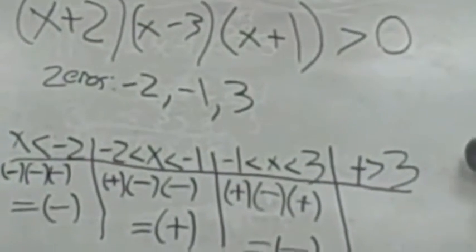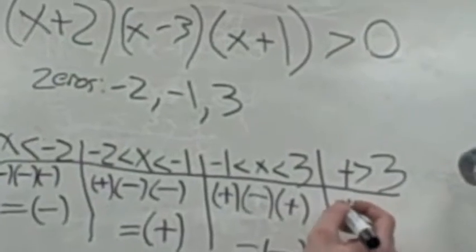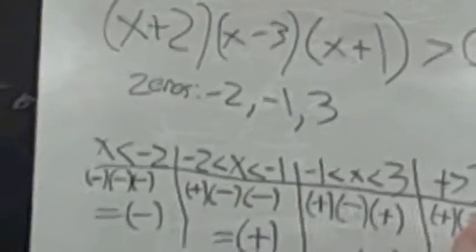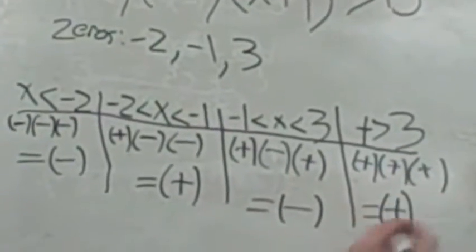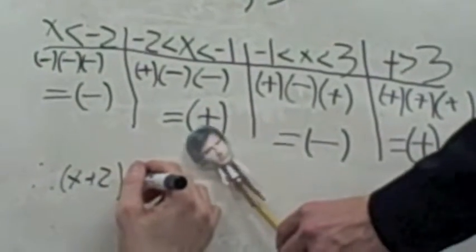And finally, for x greater than 3, we can use a large number like 100. 100 plus 2 is positive, 100 minus 3 is positive, and 100 plus 1 is positive, making this interval positive. Therefore, the original is solved for when x is between negative 2 and negative 1.